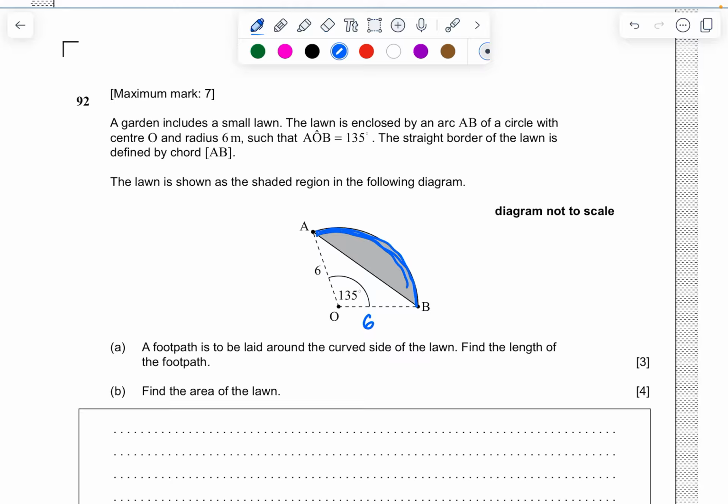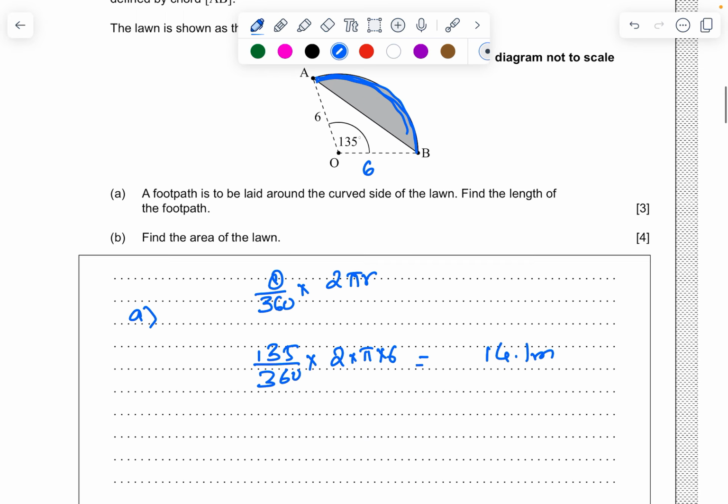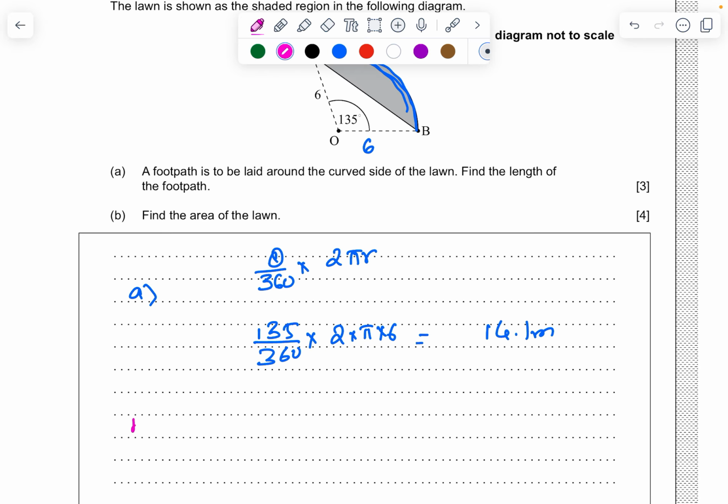So I'm going to find the length of the arc: theta by 360 times 2 pi r. So 135 divided by 360 times 2 times pi times 6, which is going to be 14.1 meters.